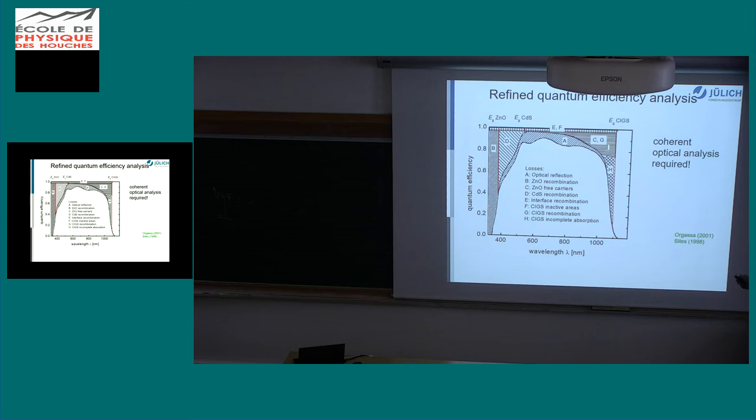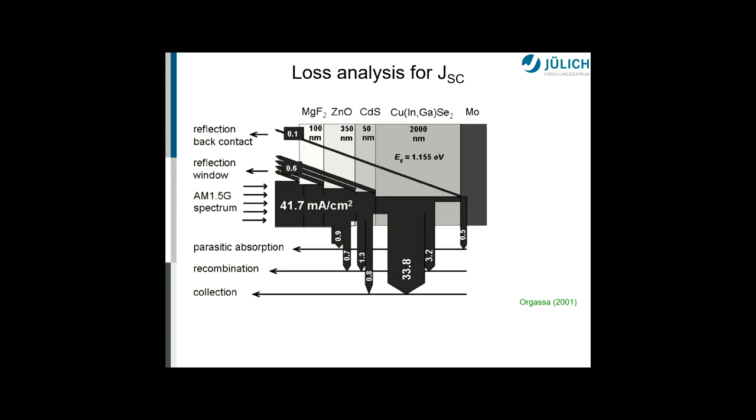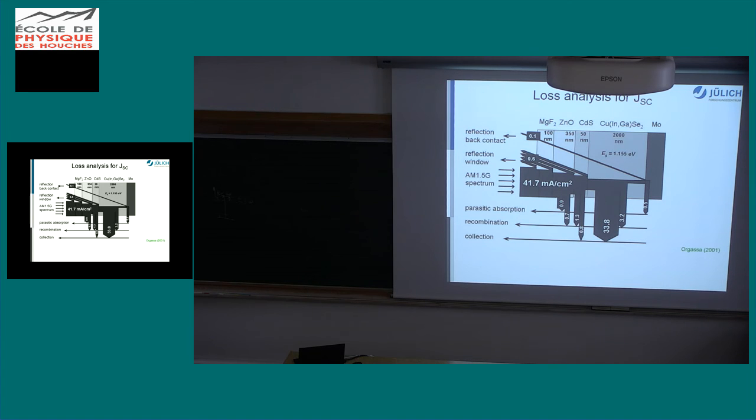That's in that area here. But here we even do not make an electron hole pair anymore. I mean, in principle, you can say everything below is incomplete, but somewhere you have to stop your analysis. Okay, good. And then you can look at all the contributions from what you could get at a given band gap energy and where you lose it at which point of the layers and so on.